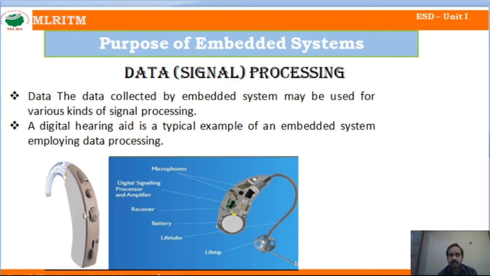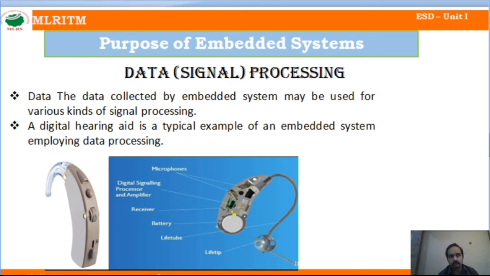That DSP, digital signal processor IC, is specifically for what? Signal processing applications. So one example for an embedded system used for signal processing is this thing, hearing aid.